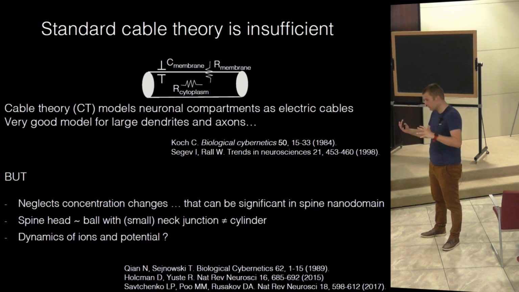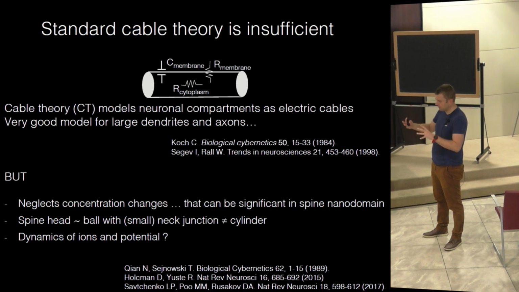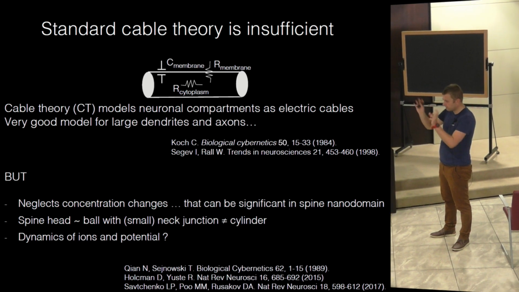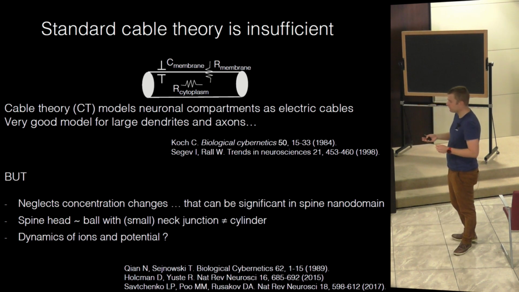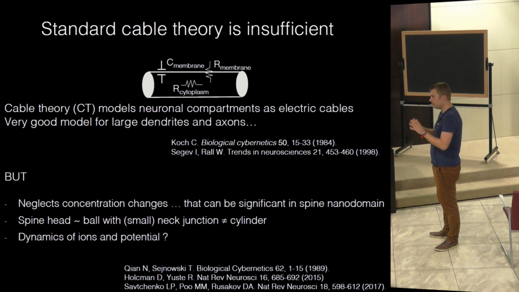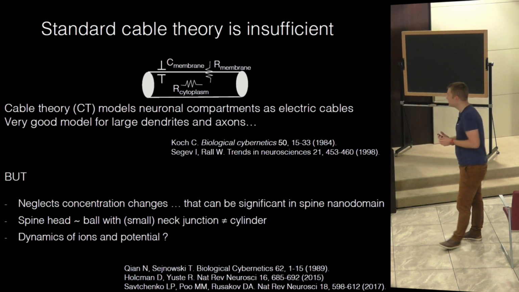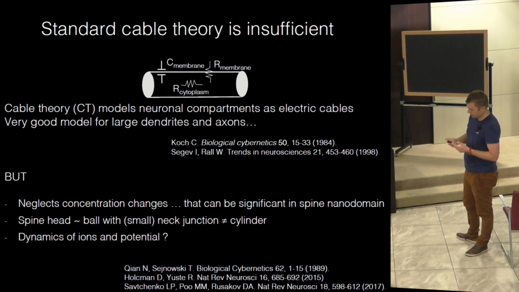So you have a big cylinder for the apical dendrite, which is the main dendrite, and then you have smaller cylinders for all the branches. And people are also using cylinders for these dendritic spines. In each cylinder, you have a longitudinal resistance due to the cytoplasm. You have some capacitance for the membrane, some resistance for the membrane, which usually is really high. And then you can derive some Ohm's law and some dynamics for the voltage propagation along your tree.